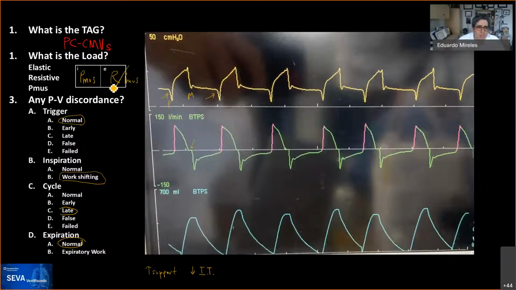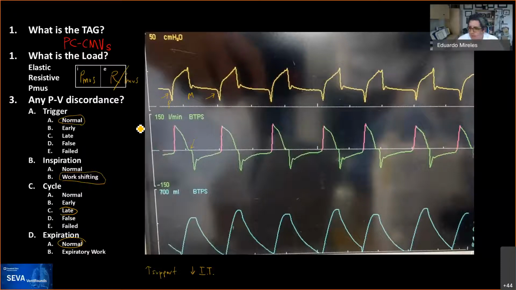So this is CMV without a doubt. And then set point, it's really hard for us to say just on this strip if there's any intelligence in the mode, so set point would be a safe bet for this patient.